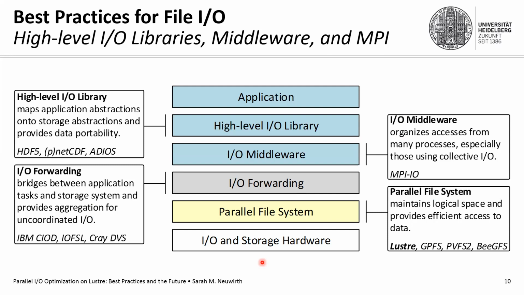Another important factor is that high-level I/O libraries usually sit on top of the MPI I/O layer and therefore can use MPI I/O optimizations. And then again, as mentioned before, they provide a portable format that can be basically copied between machines. And at the same time, it provides longevity.